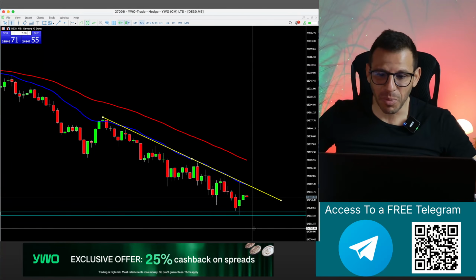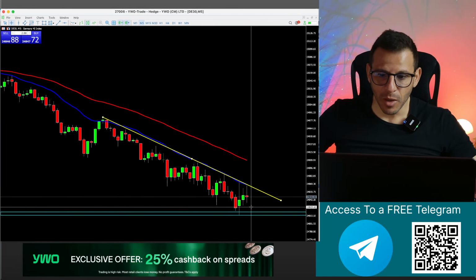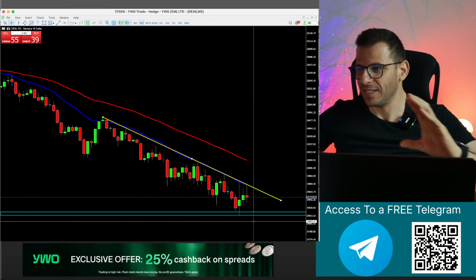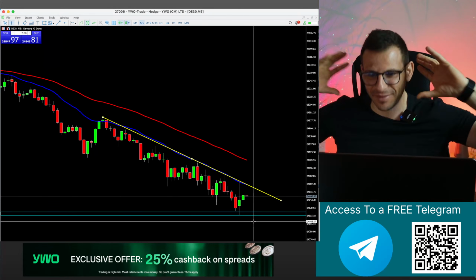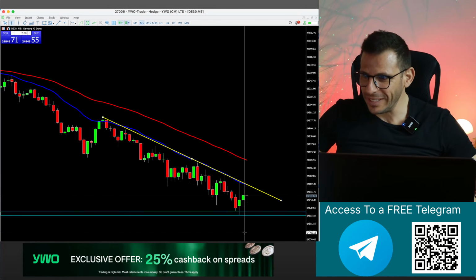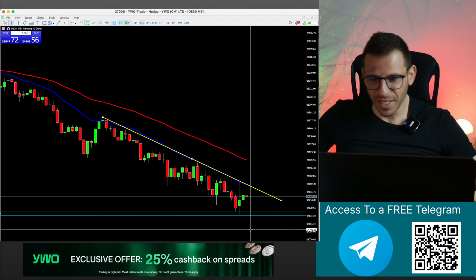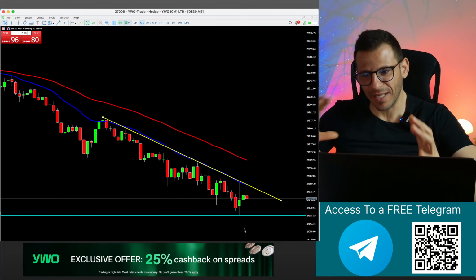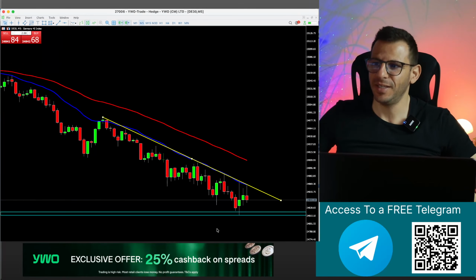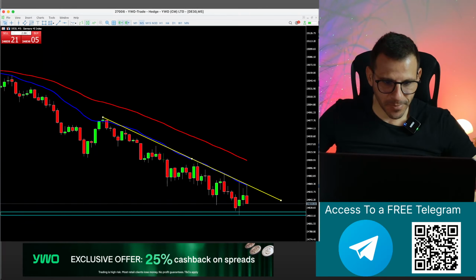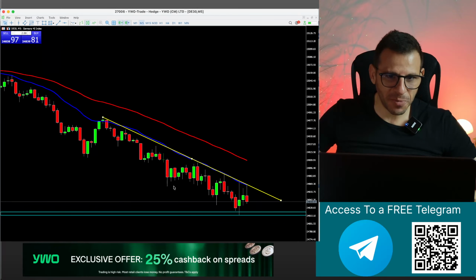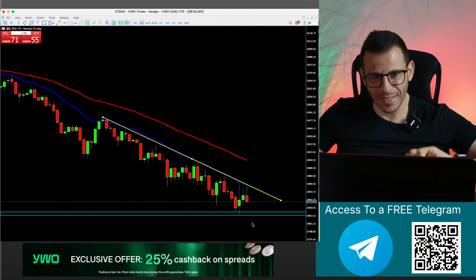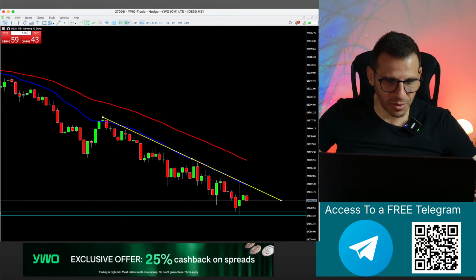If it breaks the support and we don't see big fat red candlesticks, as I call them, continue below support, then we'll be a bit suspicious that the market is shifting, is transitioning now. But generally speaking, if we break and close below here with aggression on the DAX especially, we're going to see continuation to the downside.